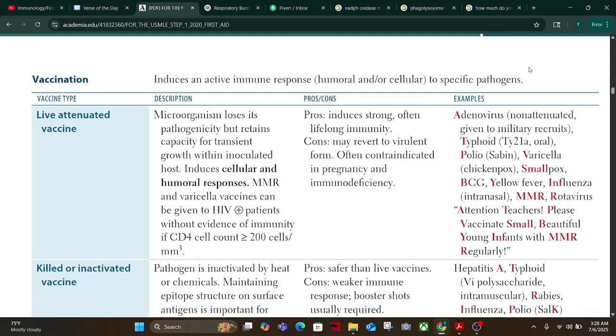So HIV patient, if their CD4 count is over 200 and they don't have any antibodies to MMR or varicella, and if they don't have any record of being given MMR or varicella, you must give them the MMR and varicella vaccine, but only if their CD4 count is equal to or over 200 cells.